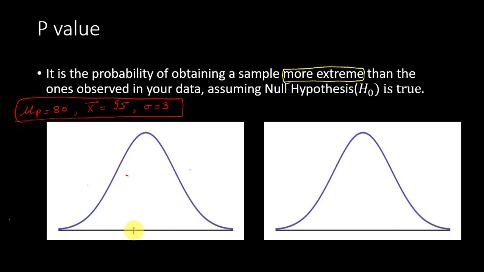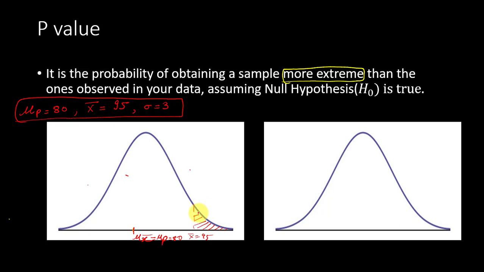In our sampling distribution of mean, this would be the mean of population from the central limit theorem, and it would be equal to 80. And our mean of sample is 95, x bar is 95. According to the definition, p-value is the probability under this curve.